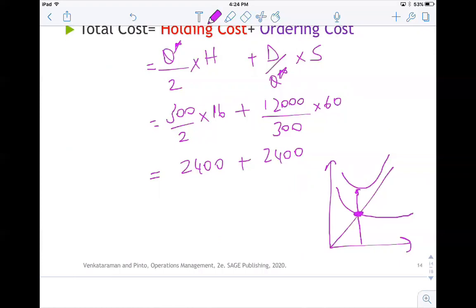Therefore, since we are running at EOQ level, holding costs and ordering costs are going to be identical to each other, right? Unless you do some rounding whenever you calculate your EOQ, these two cost values might change a little bit, but in this case, our EOQ value turned out to be just 300 cases, so they didn't deviate much. And the total cost would be $4,800.